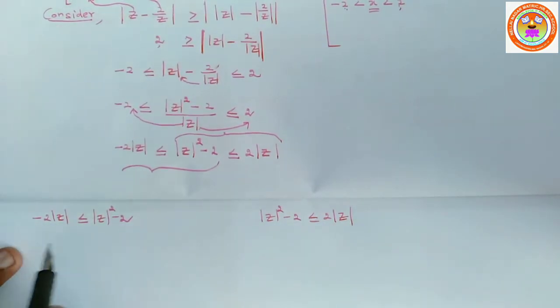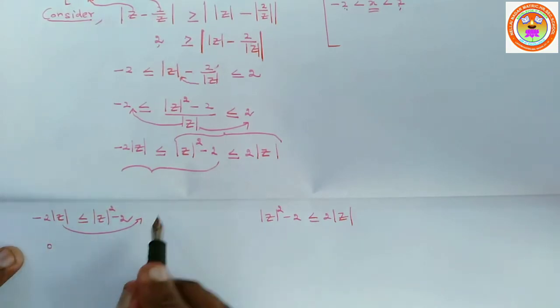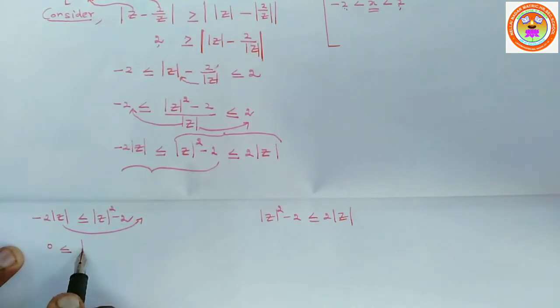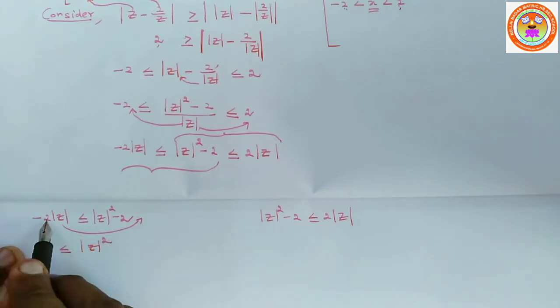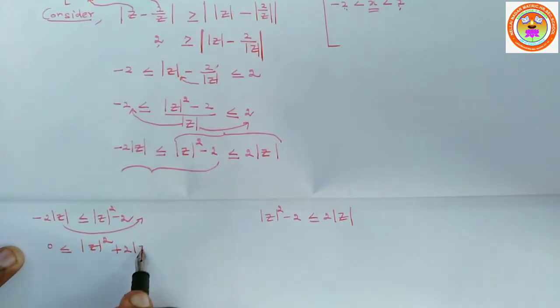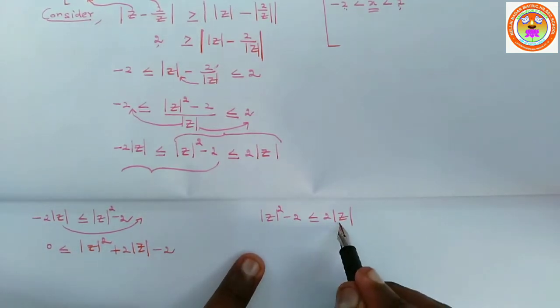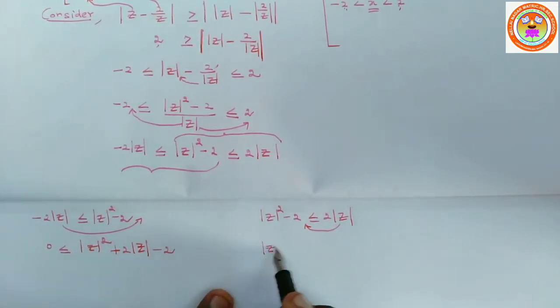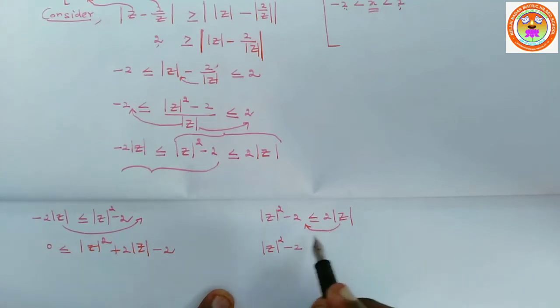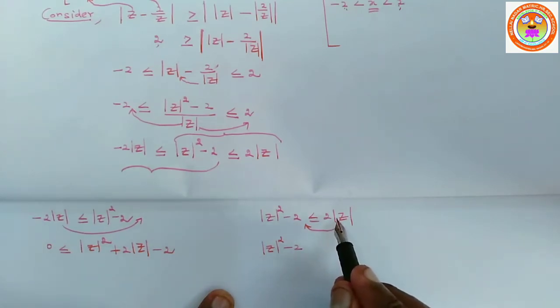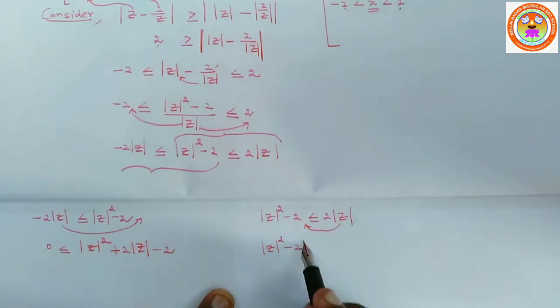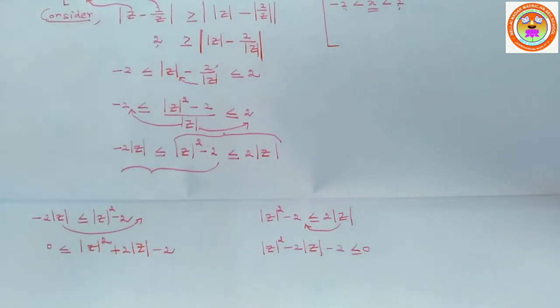So this minus 2 modulus z comes to this side, so it becomes 0 less than or equal to modulus z square plus 2 modulus z minus 2. The same way, this one comes here: modulus of z square minus 2 modulus of z minus 2 less than or equal to 0.